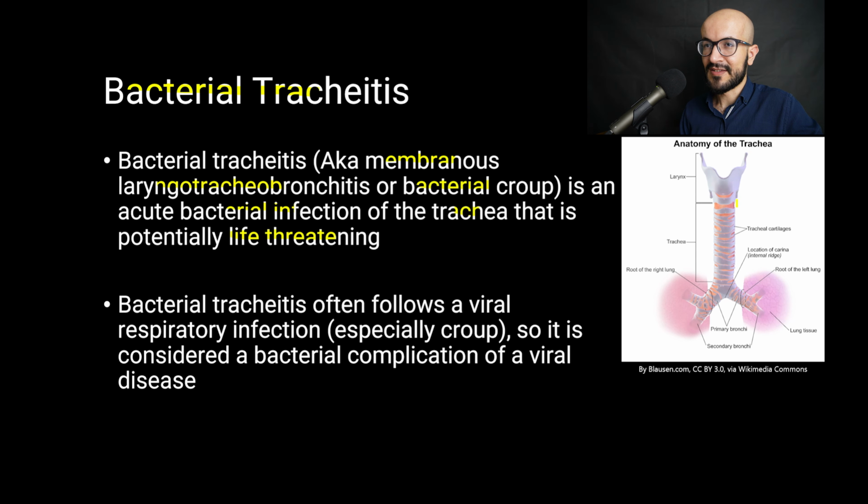So it affects the trachea and it often follows a viral respiratory infection, especially croup. So after the patient experiences croup, they might develop bacterial tracheitis. So it is considered a bacterial complication of a viral disease.